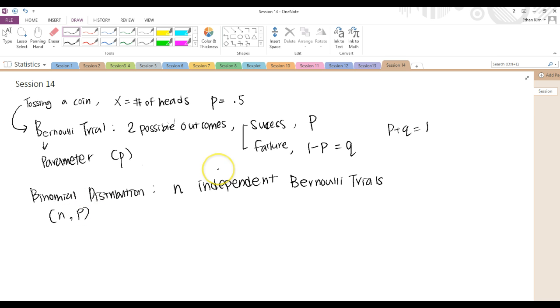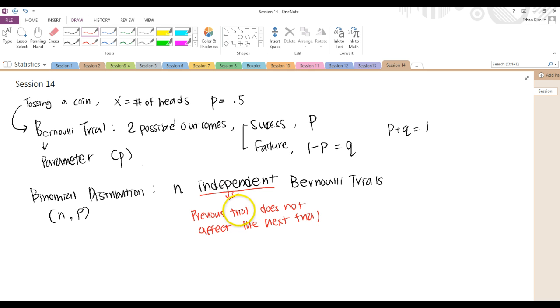So the parameters are n and p, and here is one thing that's very, very important to note: this is independent. We've mentioned this before with the mathematical definition, but it's saying that the previous trial does not affect the next trial.